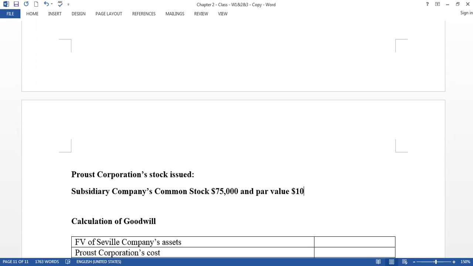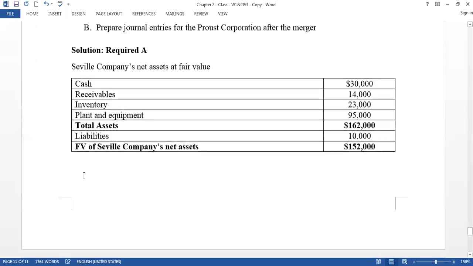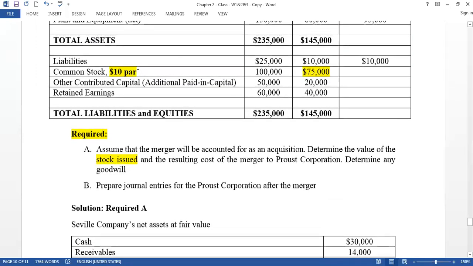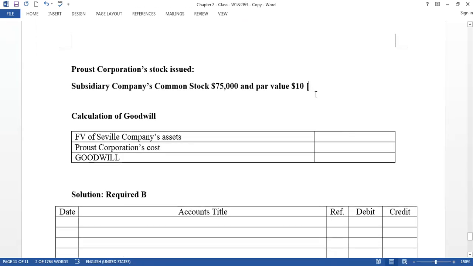This is given in the question, right? Based on this, can you tell me how many shares they have actually? How many shares they have? 7,500. Very good. So 7,500 shares they have.